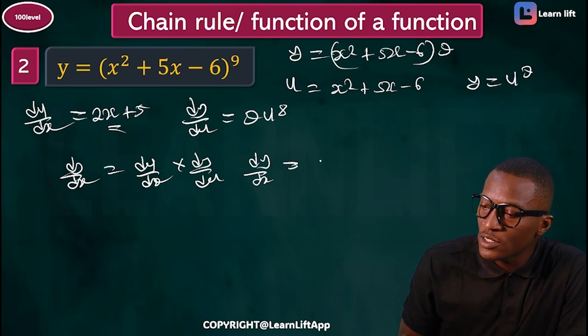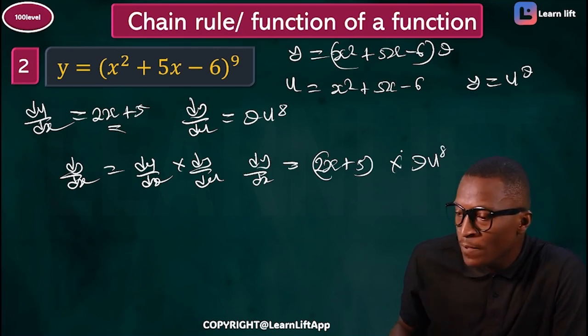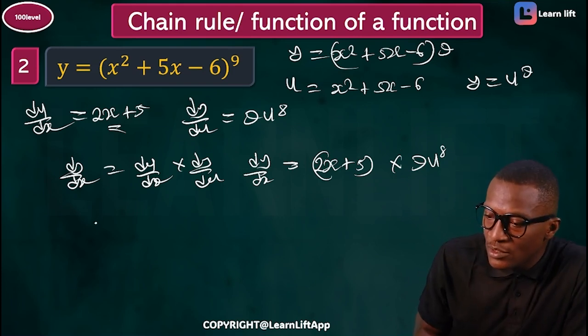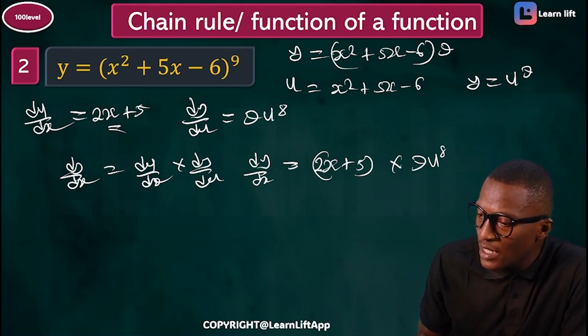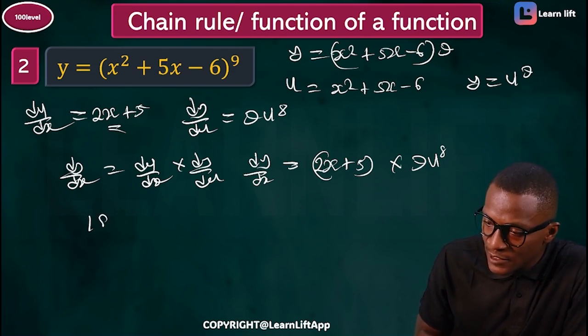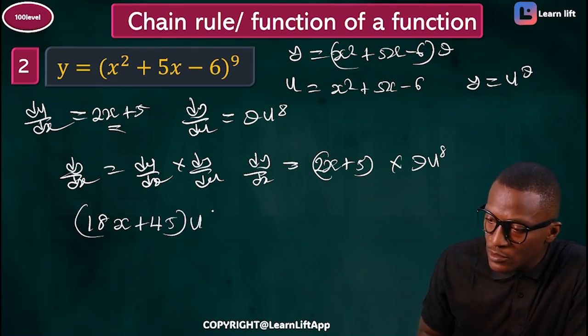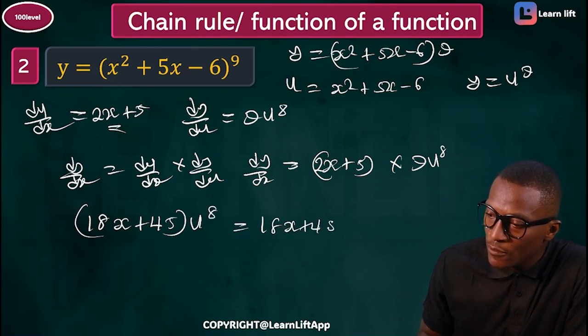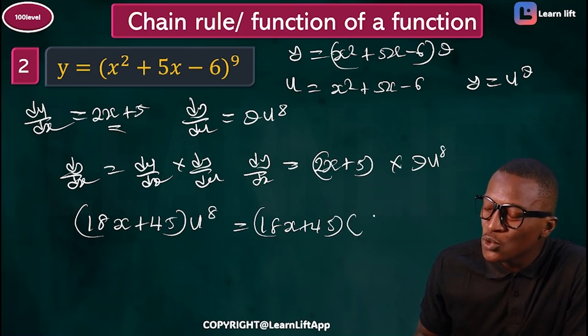Now du over dx is 2x plus 5 times dy over du, 9u raised to power 8. So this is practically, I can decide to multiply this 9 to open this bracket, right? 9 times 2x will give me 18x plus 45, times u raised to power 8, which is same as 18x plus 45 into what's u?